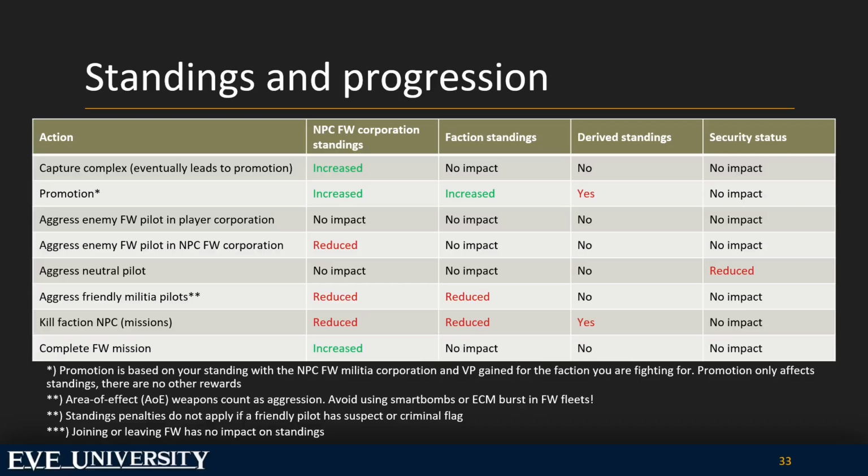So if you fight for Gallente, for example, and you get a promotion for Gallente, you will get a boost to your standings with Gallente, but you will also get a penalty for all faction standings that dislike Gallente. For example, Caldari, Amarr, and so on.